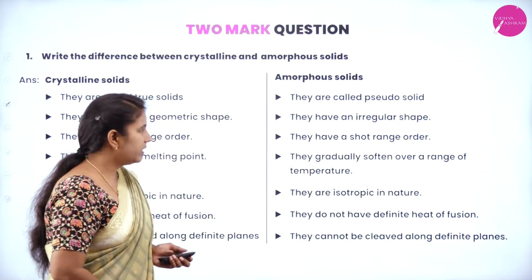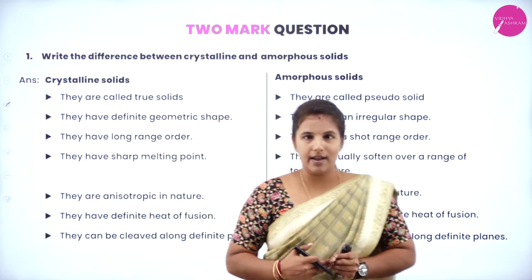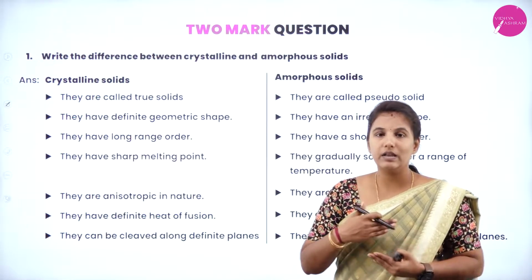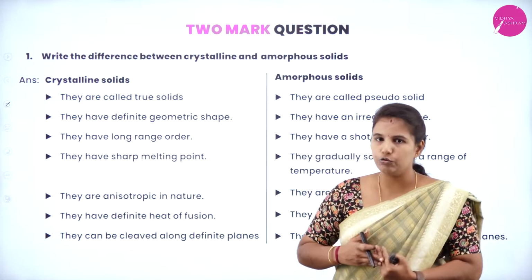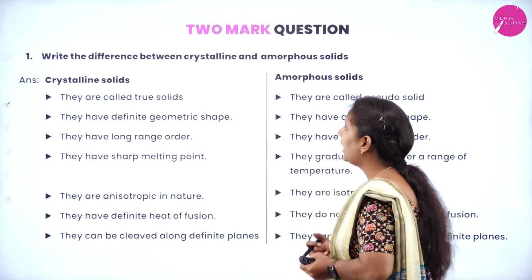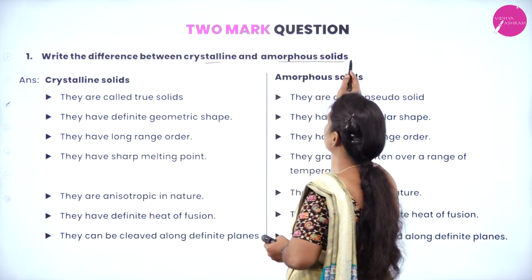Okay. We'll see the 2 mark questions. We'll see how to write the answers and how many points we have to write if they ask you for 2 marks. The question will go like this: write the differences between crystalline and amorphous solids.